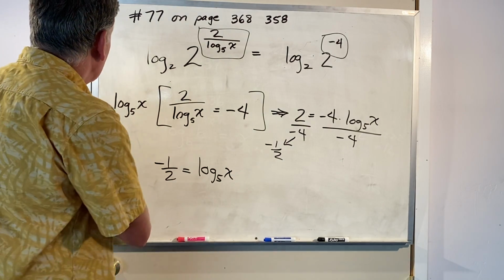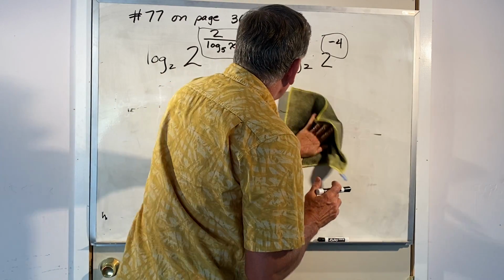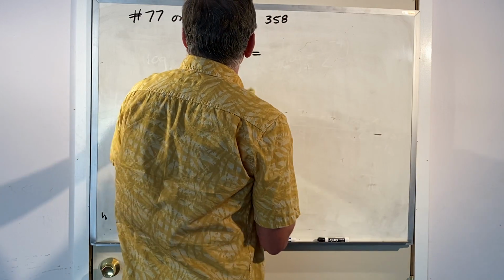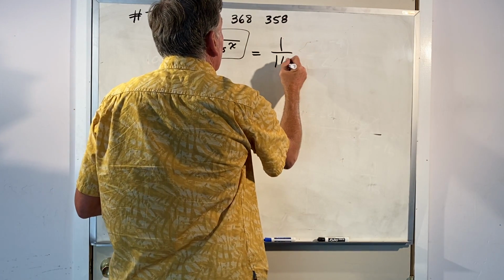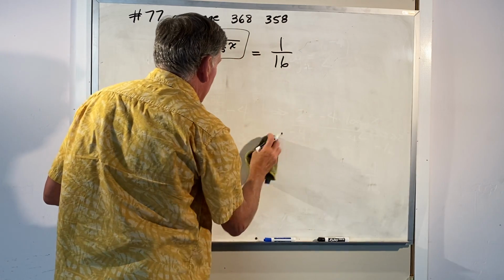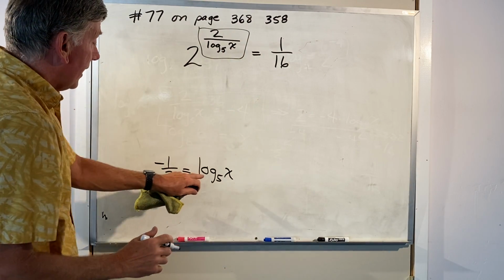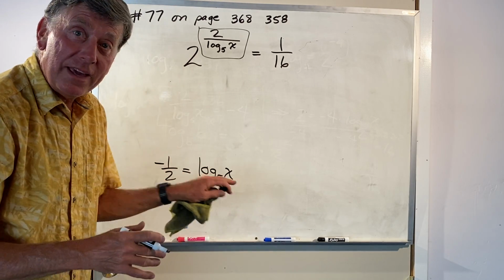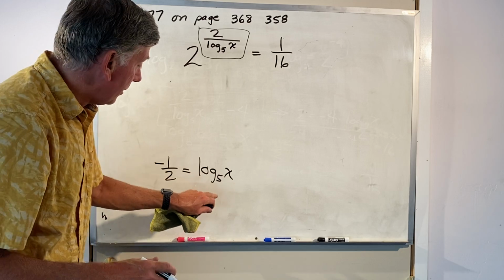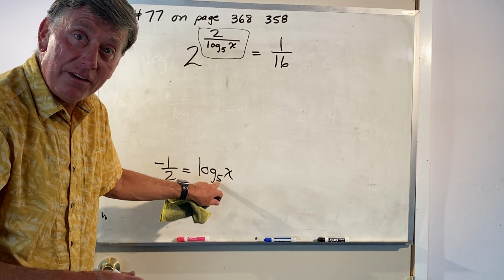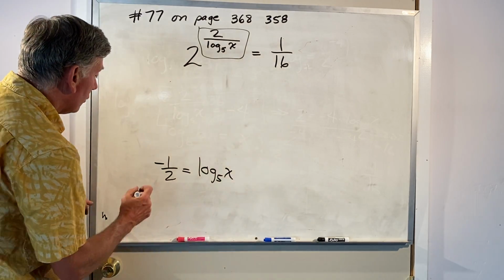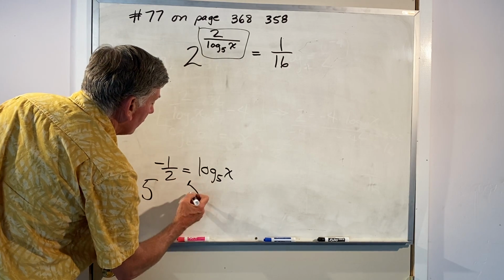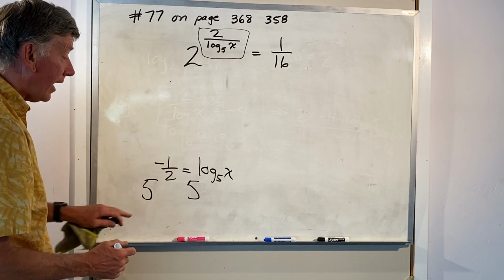I'm almost there. Let me keep my original problem here. To get rid of the log now, I'm going to make this an exponent, and because my log here is to the base 5, 5 is the number that's going to be here. So 5 to the minus 1/2 power is equal to 5 to the log base 5 of x.